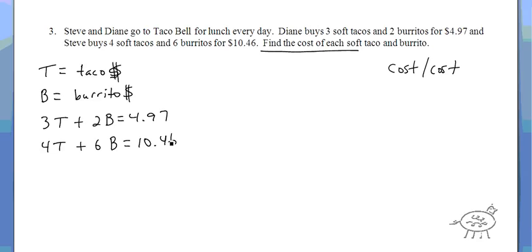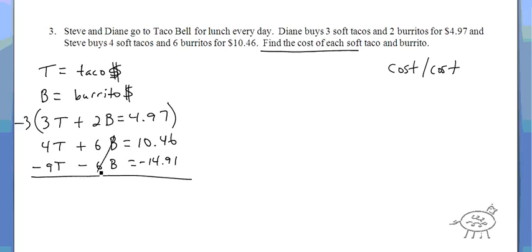Okay, and then again, I would recommend using the elimination method. Much easier. In this case, I'm going to eliminate the b. So I'm going to multiply this by -3. So I get negative 9t minus 6b equals negative 14.91.